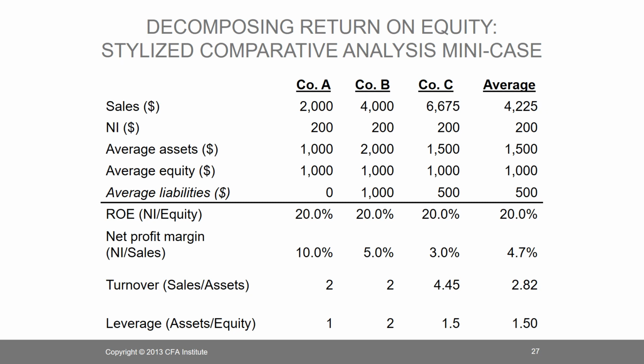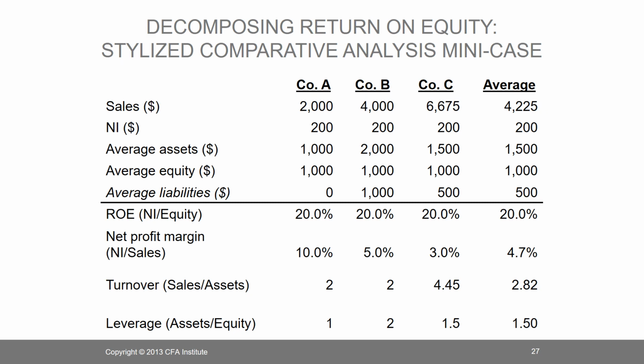Now, decomposing the return on equity components, we can see that company A's return on equity is driven by its net profit margin, having the highest net profit margin, 10% versus the average of 4.7% for the three companies combined. Company B's return on equity, as you can see, is driven by its leverage.